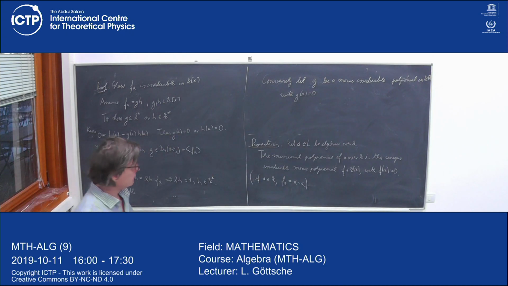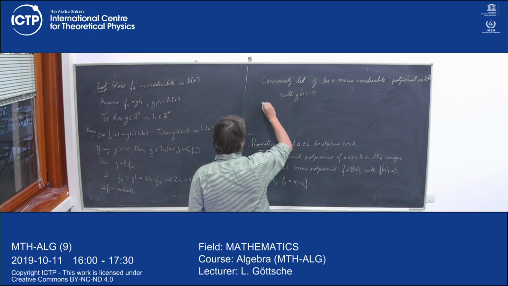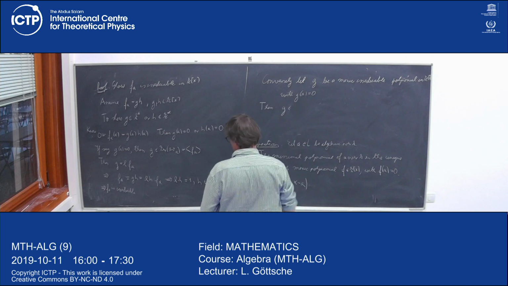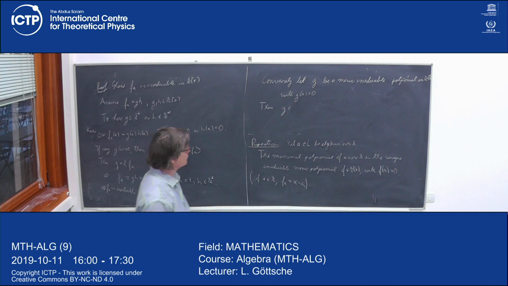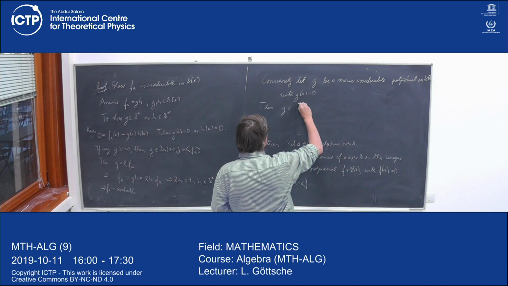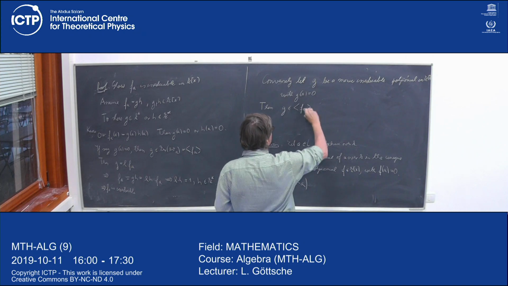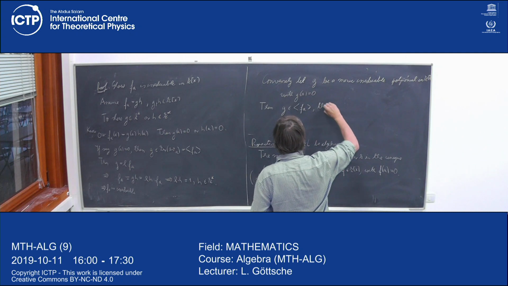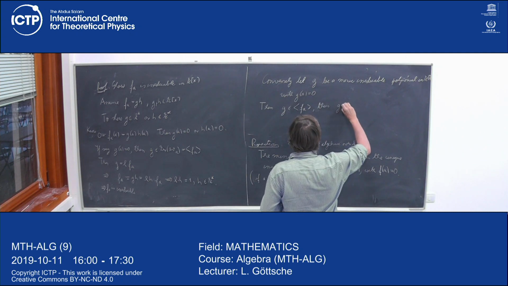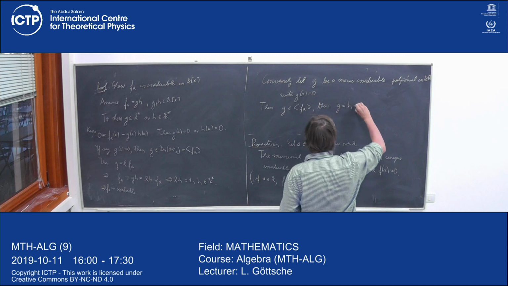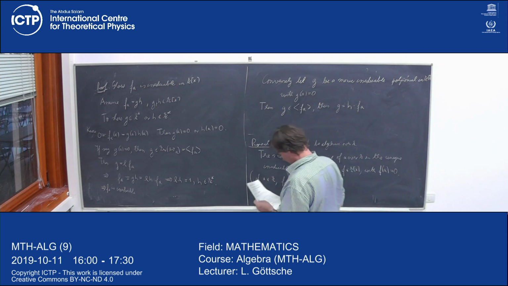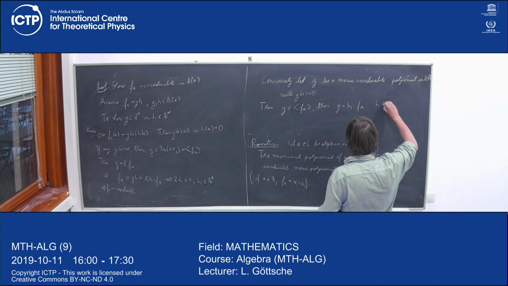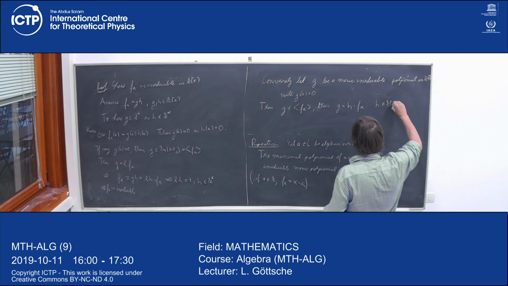Well, again, we can see then it follows G is again in the kernel of the evaluation homomorphism, so G is in the ideal generated by FA. So thus G is equal to H times FA with H in Kx.